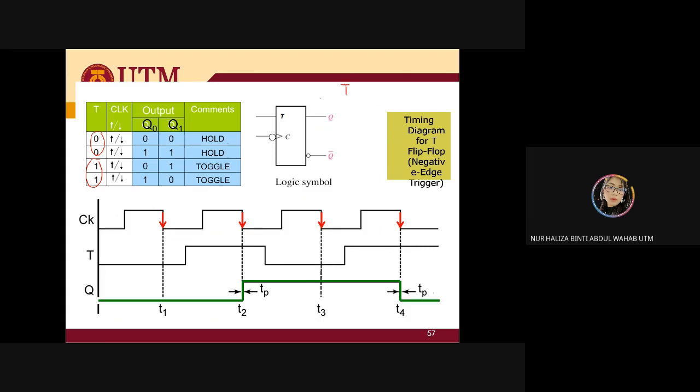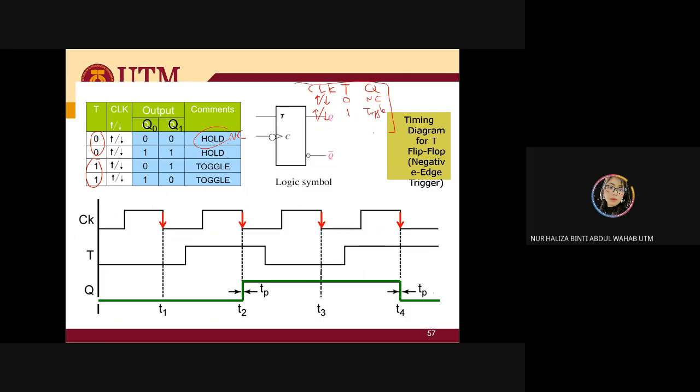So for the CLK, the table summarization that you can make is whether it is a positive or negative clock, for T equal to 1 or equal to 0. For 0, you're going to have no change or hold. And for 1, it's going to be toggle.